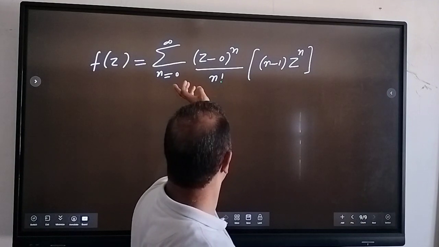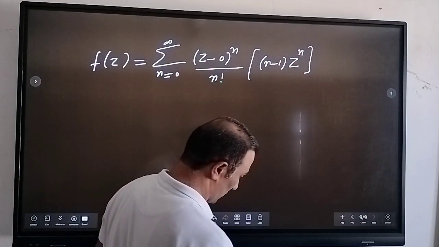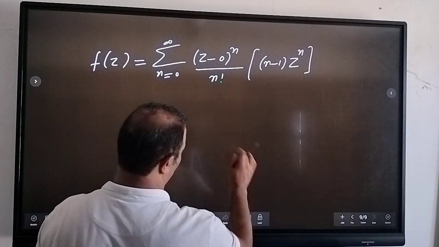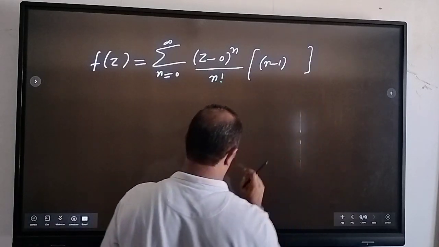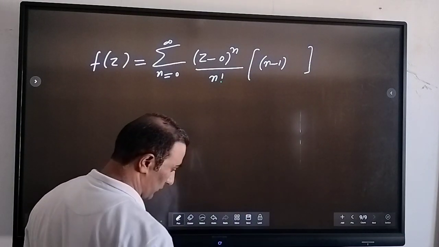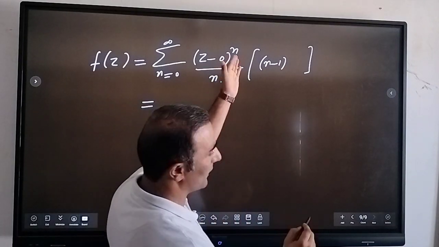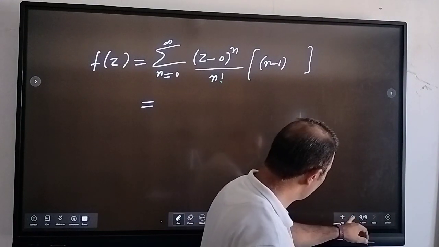Then if you put n equal to 1, that means z raised to the power 1. So we can write this way: minus 1 raised to the power n divided by n factorial. Because when you put n equal to 0, 1, 2, 3, you will get all these terms, because our terms are these.